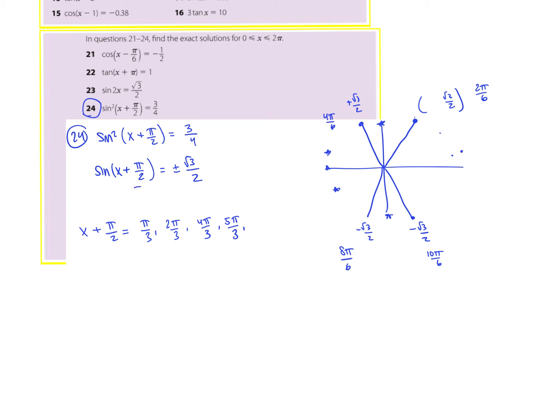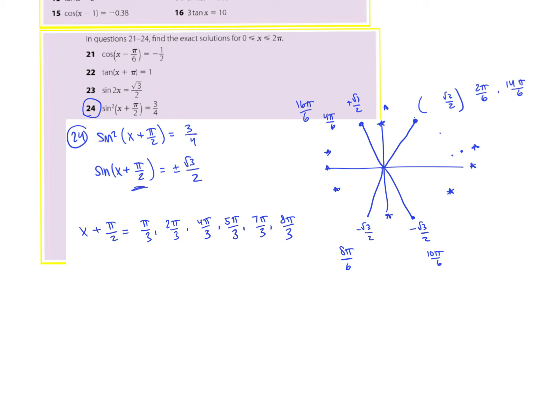I'm going to keep going because we're going to subtract. So I'm going to do maybe 2 more. 10, 11, 12, 13. This would be 14 pi 6, which is 7 pi thirds. 14, 15, and this would be 16 pi 6, which is going to be 8 pi thirds.